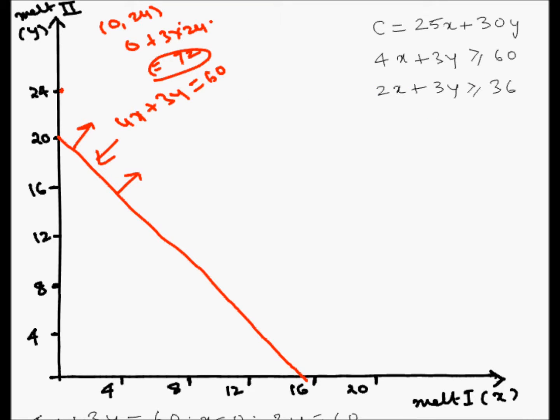Now the next equation is 2x plus 3y is equal to 36, and it has a y-intercept of 12 and x-intercept of 18. So let us plot this line. So this line here represents 2x plus 3y is equal to 36.